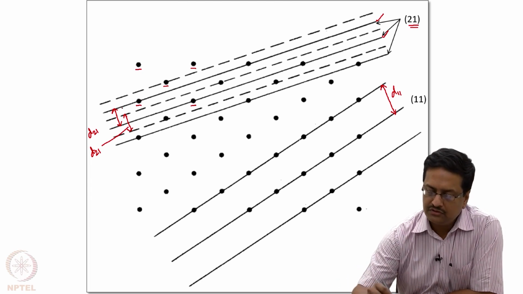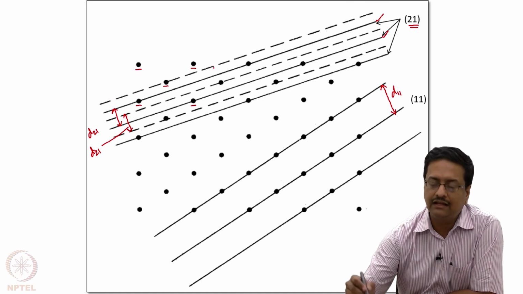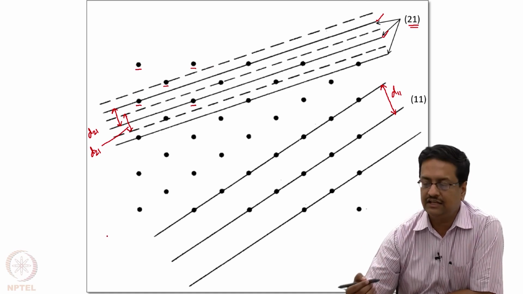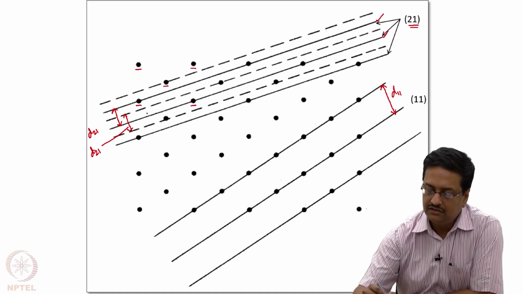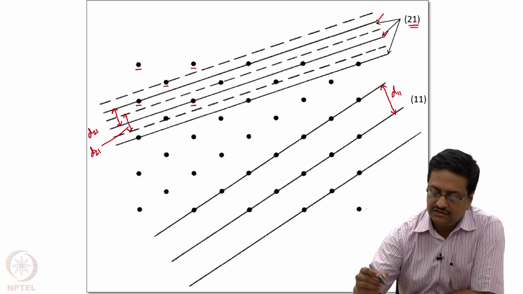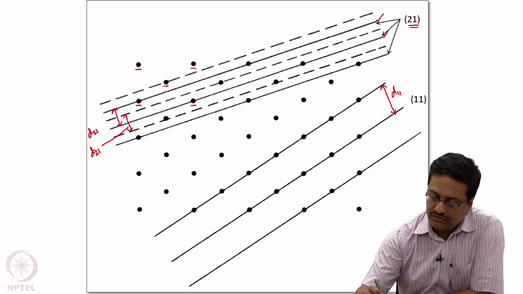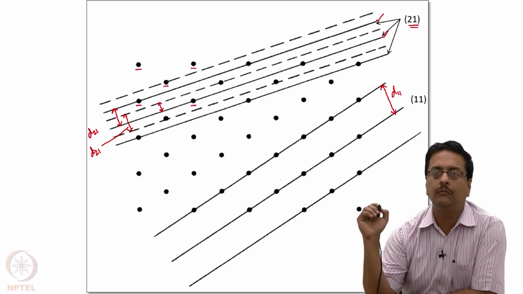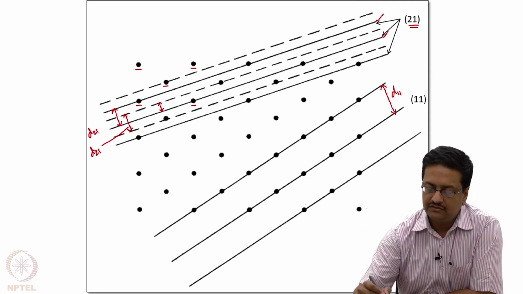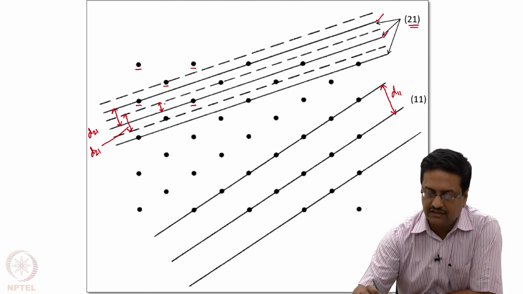You see, both the dark and the dashed lines represent the same set of planes 2, 1. That means the planes with dash and the bold line have similar indices. So that means this distance is half of d2,1.